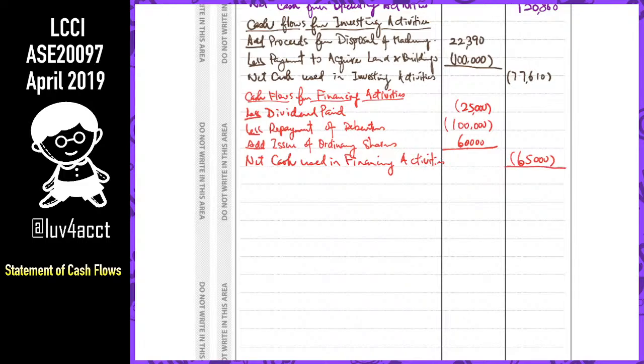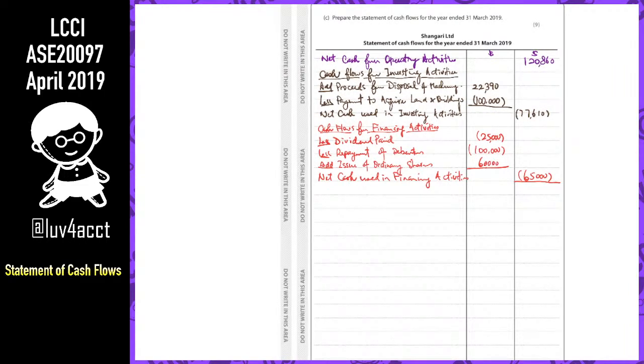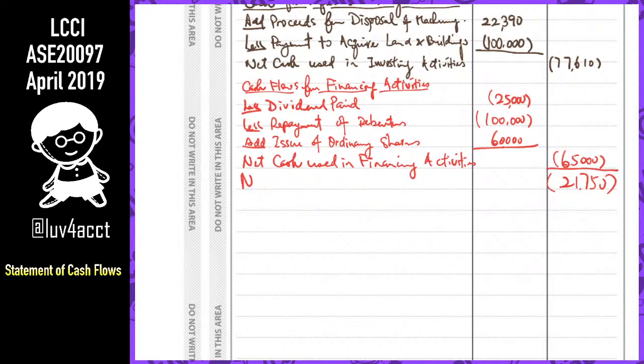Okay, so 120 minus this one minus 65,000, we have 21750 negative, a net decrease. Okay, let me use another color. 21750 net decrease. Okay, and let's see if we can balance it.